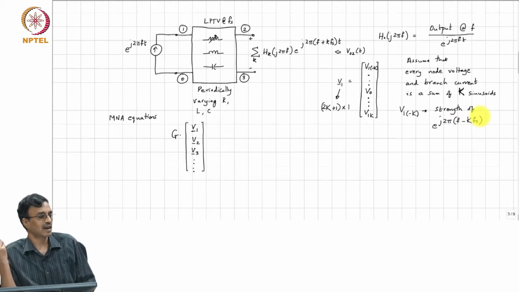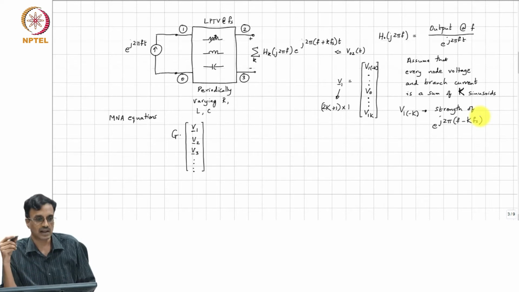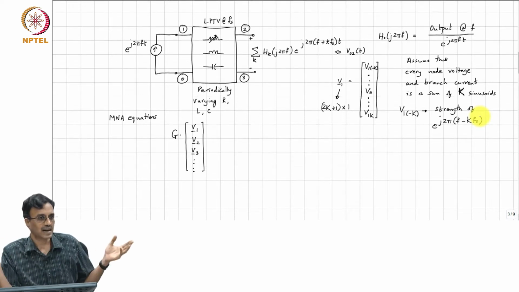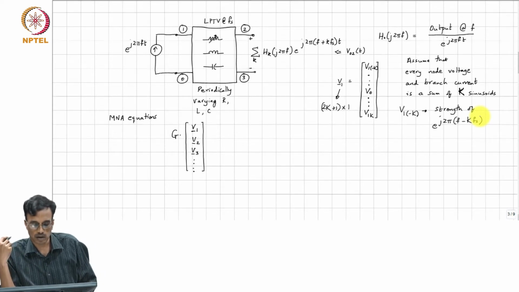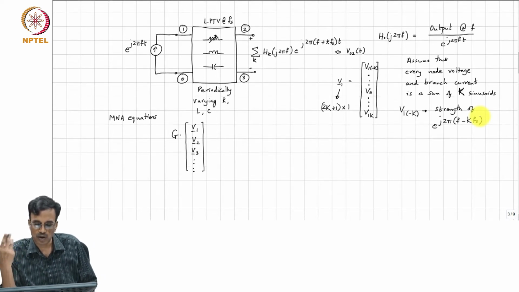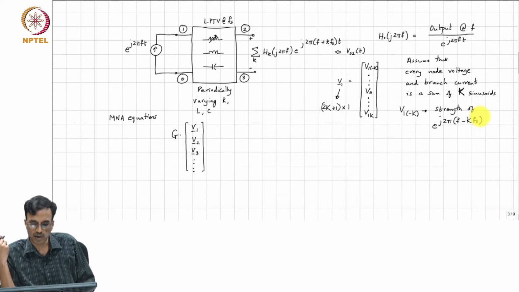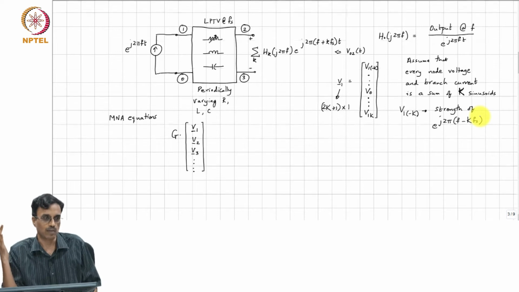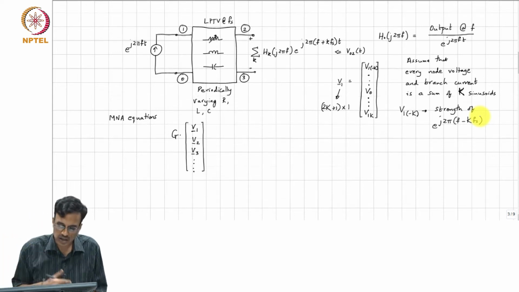And in practice, this K can be chosen to be sufficiently large, so that the entire waveform is captured with sufficient precision, right. But since we are only worried about a theoretical development here, we will not worry about the practical issues about how large that capital K must be and so on.